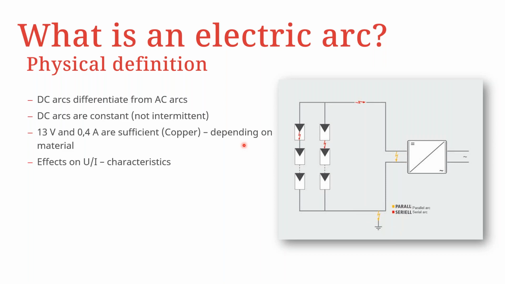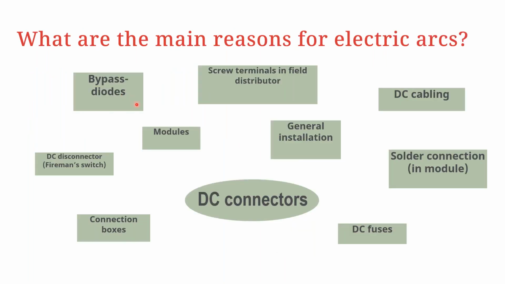In terms of the main reasons for electric arcs, we have looked at all these reasons as we saw in the pie chart, but there are quite a number of things that can cause electric arcs within a PV system. These range from the bypass diodes. It could be a DC disconnector, or what is commonly referred to as a fireman's switch.